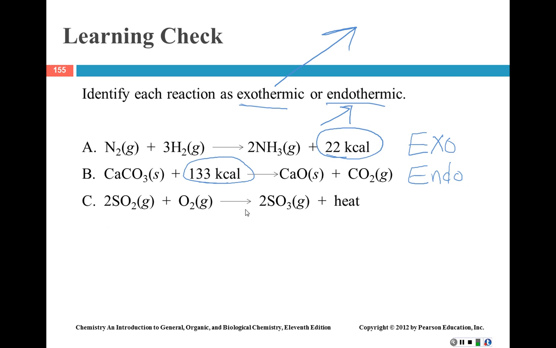And then finally, the last one, instead of energy, and this stands for kilocalories, by the way, which is a unit of energy, we're giving off as heat, and heat is a form of energy. And so in this case, we have given off heat, and so that is an exo. And if you want to think about that, in exo, energy exits.